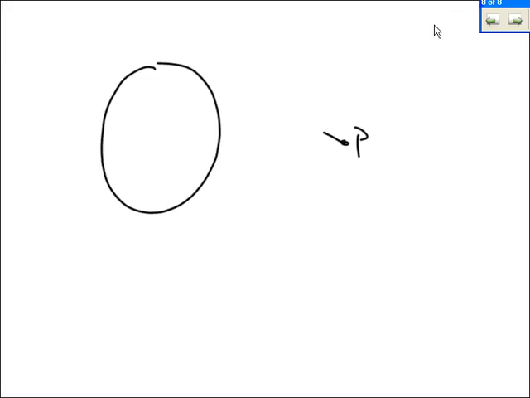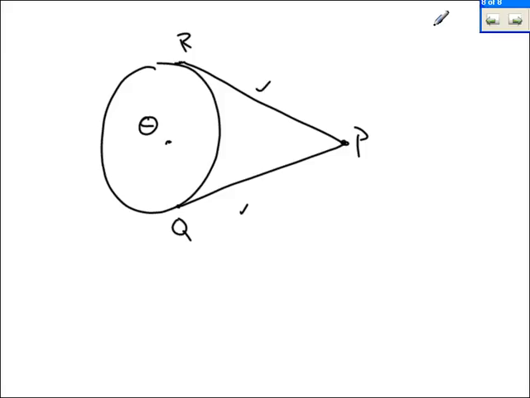Okay, let us consider this problem. You have a point P outside, and it's tangent to the circle here, and it's tangent to the circle there, at, say, Q and R. And the center is at O. So you're given that PR and QP are tangent to the circle.